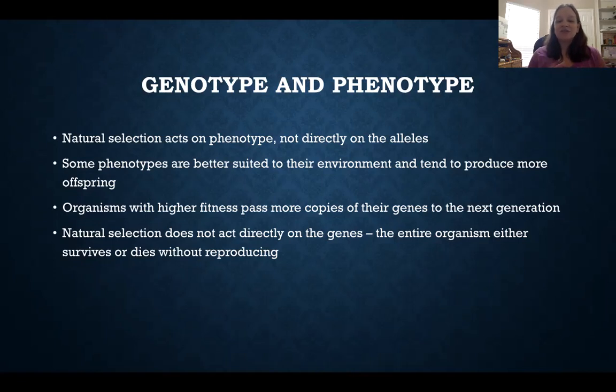So natural selection is not acting directly on your genes, it's acting directly on your actual trait, your physical appearance. And then the entire organism is either going to survive or die without reproducing. So natural selection is acting on phenotype, not the genotype.